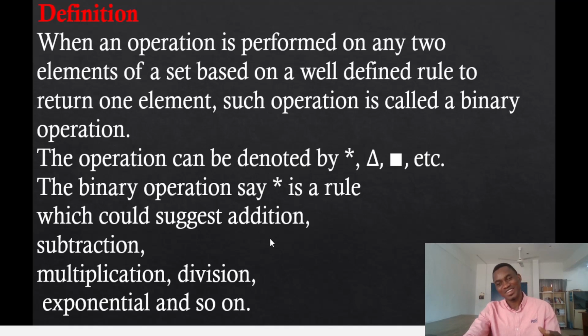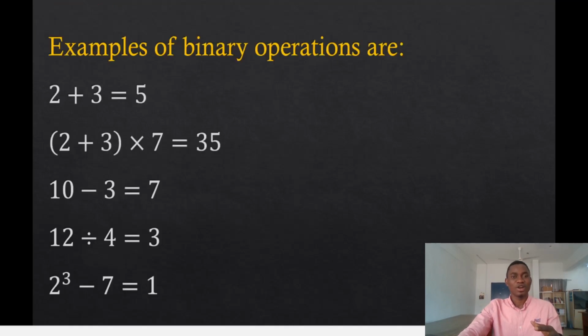It seems the English is too much, but I'm going to make it very simple. I'm going to break it down so that you will understand the concept very well. If you add two numbers, let's say 2 and 3, to get 5, what you have just done is a binary operation.